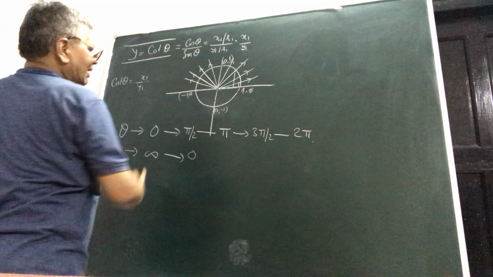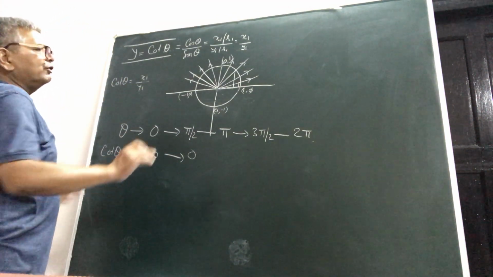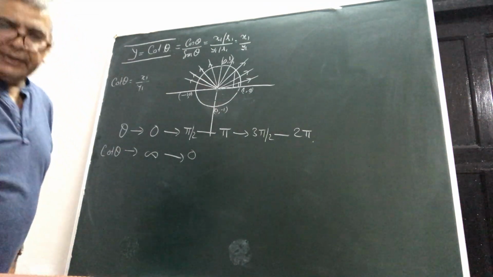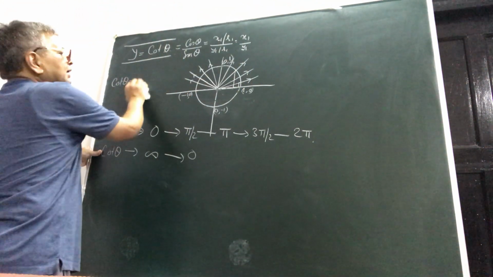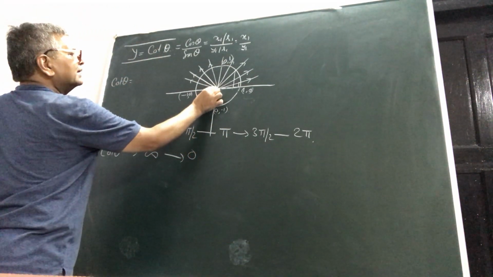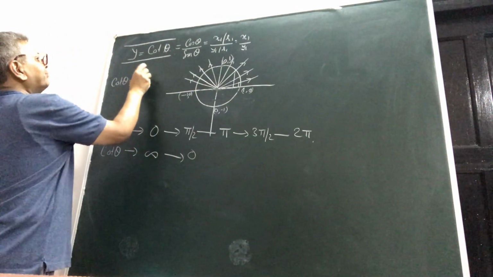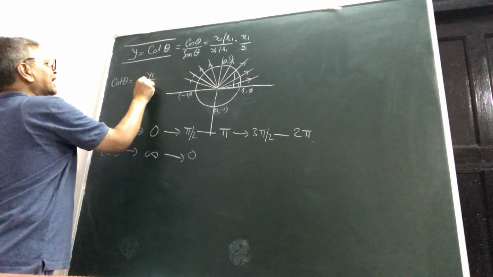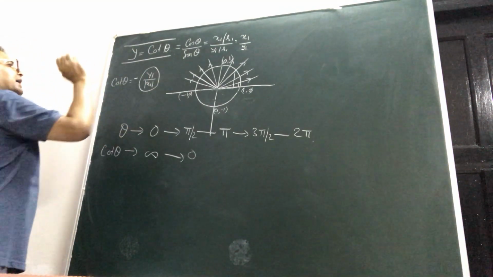In the second quadrant, what will happen? Again, x1 upon y1. For the second quadrant, first we will take into cognizance only the absolute value. Here x1 will become negative, ultimately minus 1, whereas y1 will be positive. So let us take the modulus value of x1 first, and we will put a negative sign here.